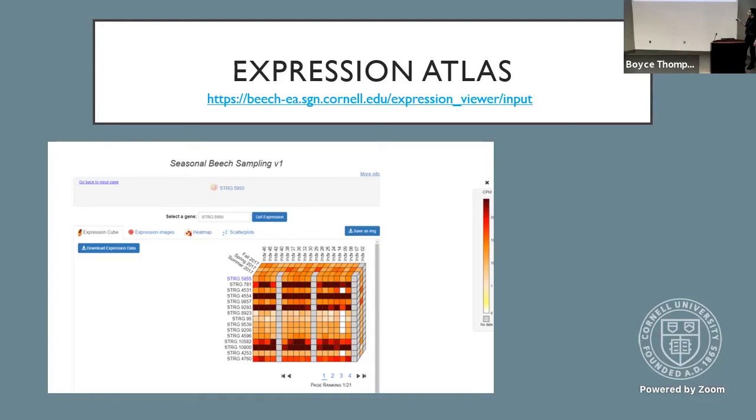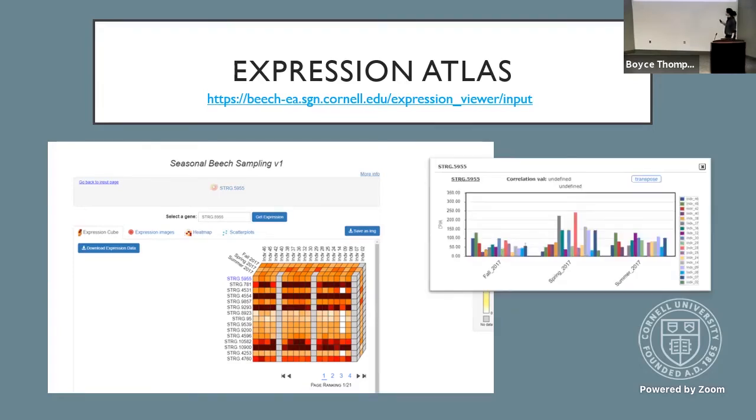So we put the query gene, we run the expression, and it shows us the gene of interest and the frequency of expression. And it also shows us any genes of correlation to the gene of interest. And we could also retrieve some bar plots that show us the frequency of expression, and it's color coded with the individual numbers.